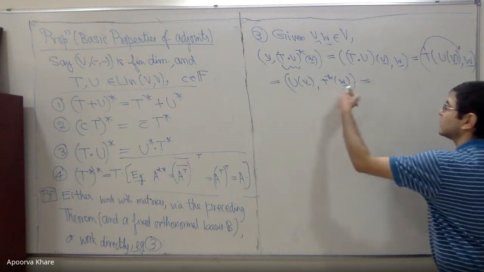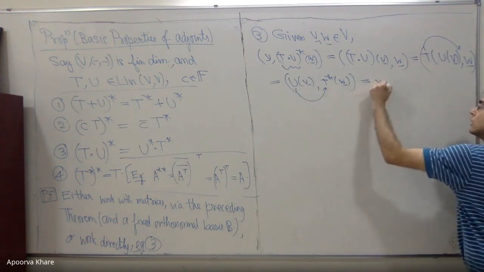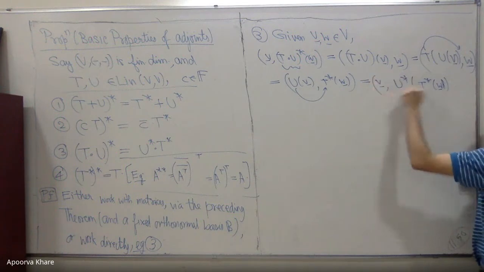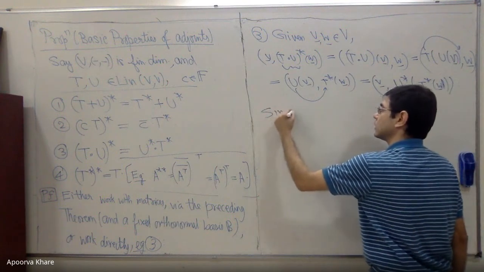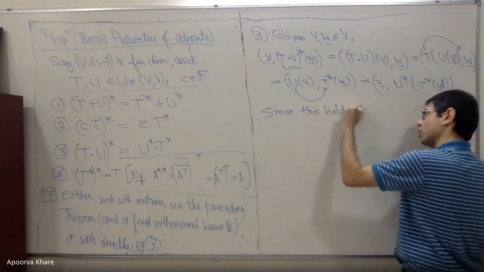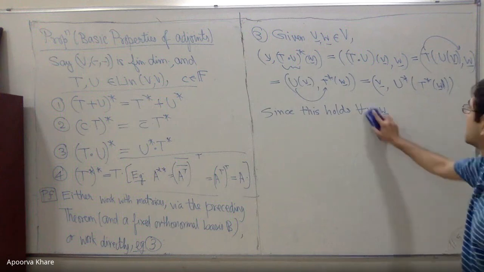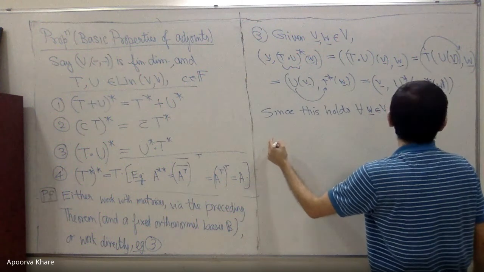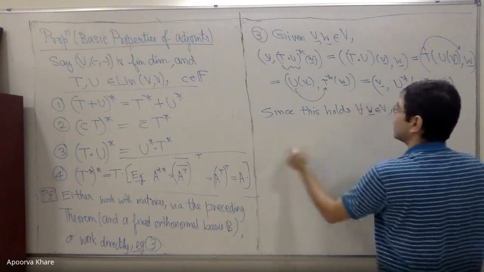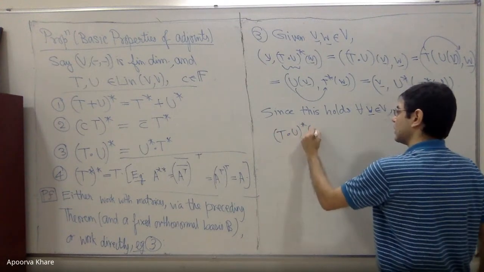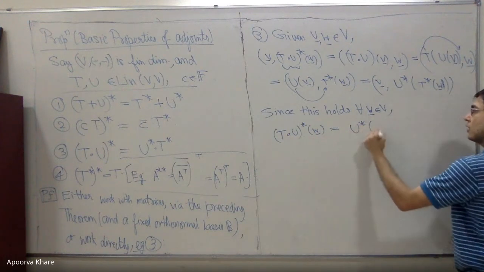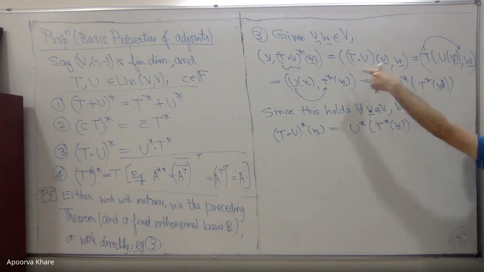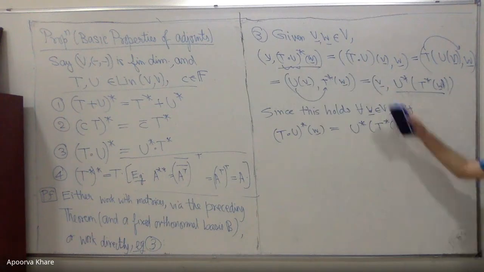And what is this? Now the U is here, so I can take a U here: V and then U star of T star W. Because this holds for all V and W, since this holds for all V, we get that T composed U star of W equals U star of T star of W. This is by some homework: against every V, this vector minus this vector has inner product 0.